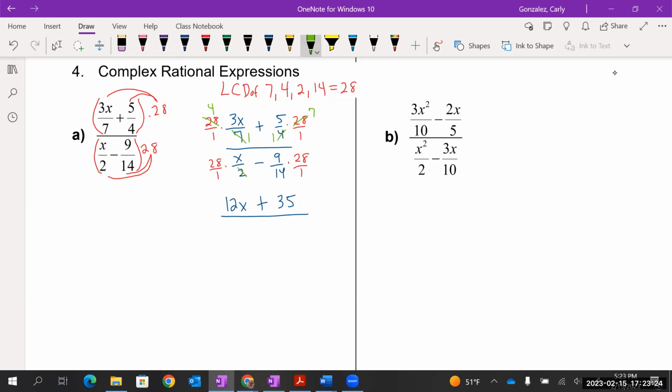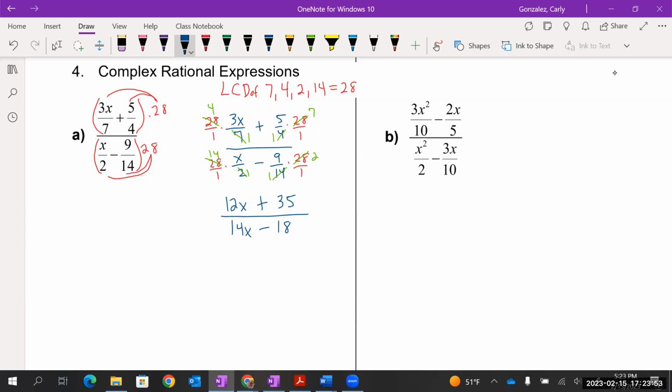Bottom left, we will reduce by 2 to get 14x. Bottom right, we will reduce by 14. So 14 divided by 14 is 1, and 28 divided by 14 is 2. And now we multiply. 9 times 2 is 18 over 1, so we get minus 18. And there we have it.